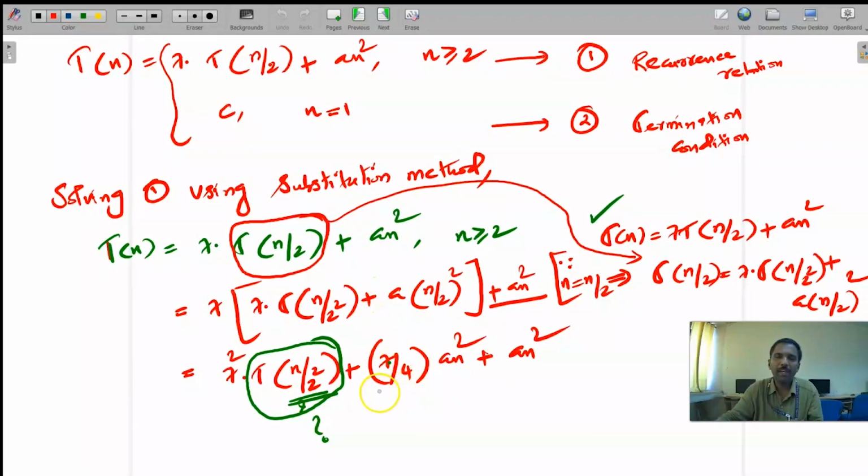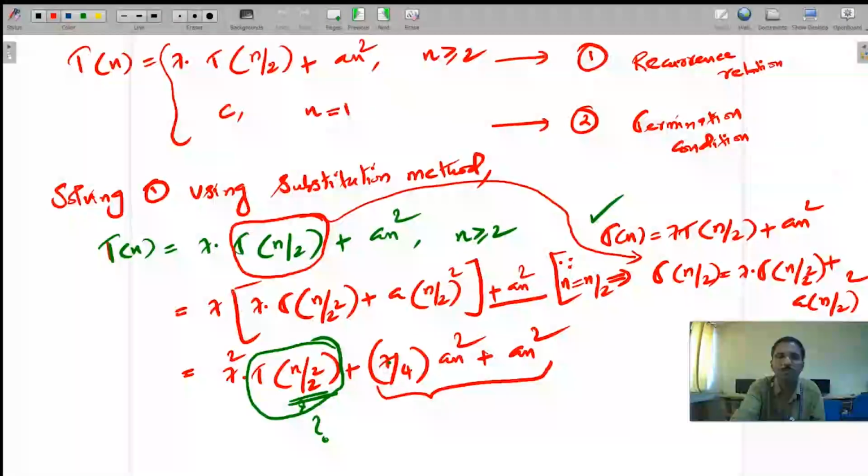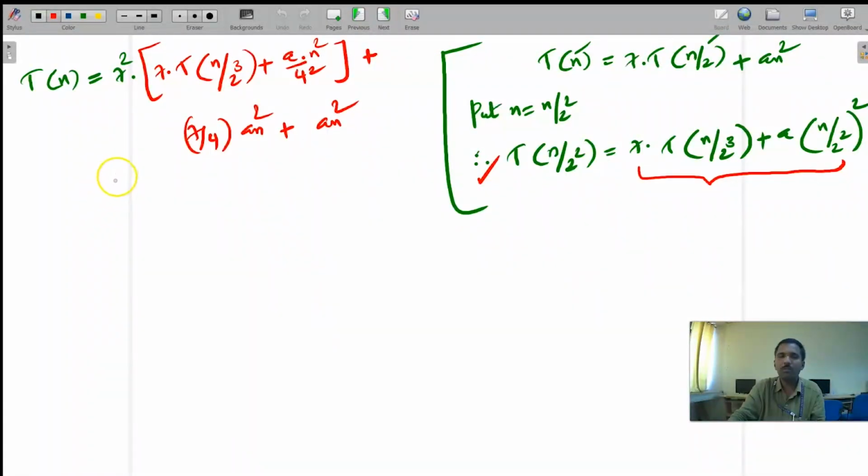What about the remaining two terms? These are written as it is: 7 by 4 A n square plus A n square. Now simplifying this recurrence relation one stage further, let's multiply these terms with 7 square.